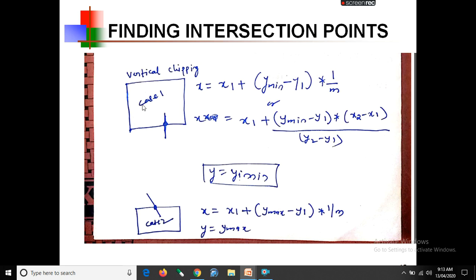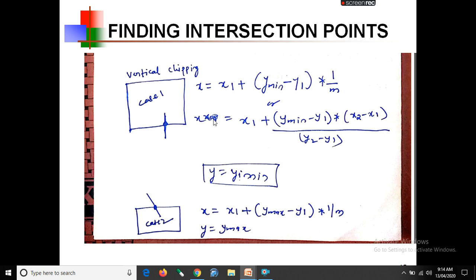To calculate the intersection point where the line crosses the bottom edge, use the formula x equals x1 plus y minimum minus y1 into 1 by m, where m is the slope. The simplified formula is x equals x1 plus y minimum minus y1 into x2 minus x1 divided by y2 minus y1.